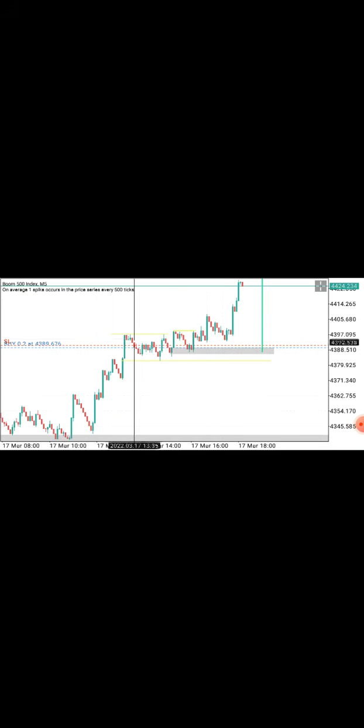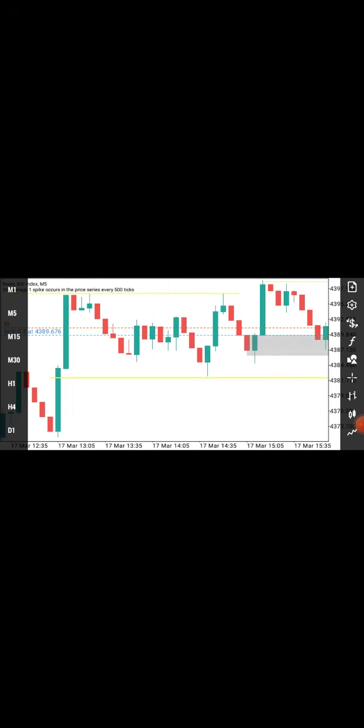Right here on our first yellow trend line, we got a double top. That shows we have momentum, we have liquidity to the upside. The market can go to the upside and take out the scalpers who came in to sell right here.